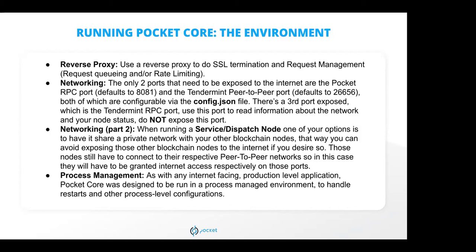Pocket will act as an interface between the internet and your node, so you don't have to expose those nodes in any public manner. You can just create a private network with them, and Pocket is going to connect via HTTP as long as you have the firewall rules and the networking rules that you need to have both boxes be connected. If you're using containers, then whatever network configuration your containers are using to connect to one another.